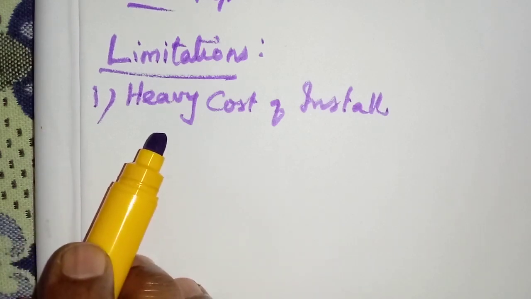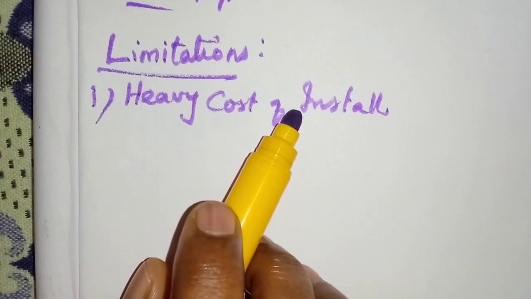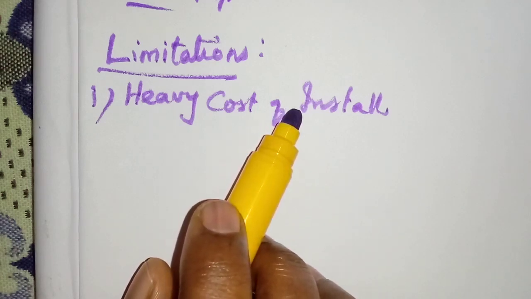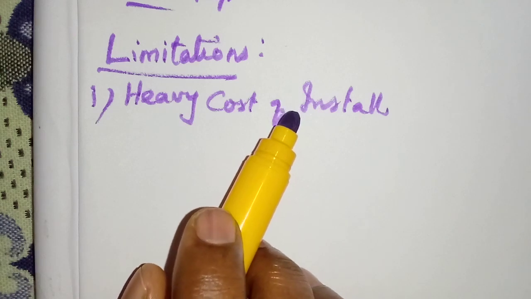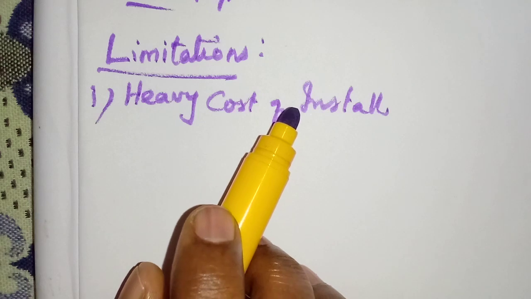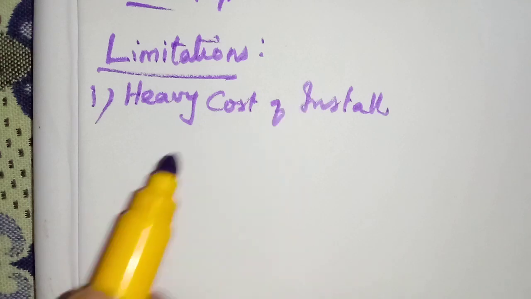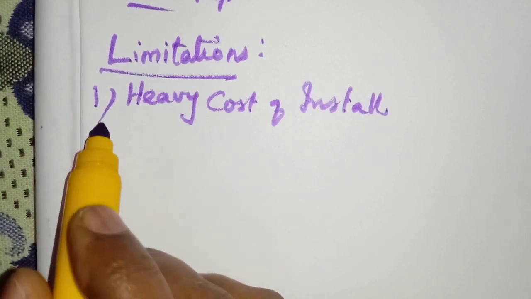But to install the computer and that program, that Tally program has to be inserted. Only then can they do the accounting in the computer. So therefore they need a heavy cost.